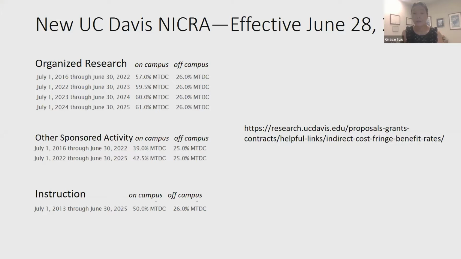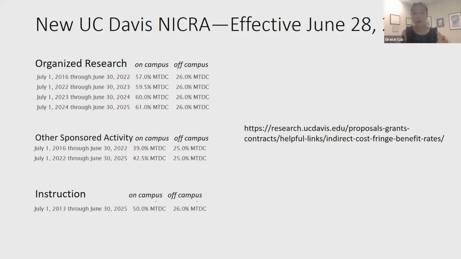For the first year, through June 30th of 2022, we remain at the provisional rates of 57% MTDC for organized research and 39% for other sponsored activities. Instruction stays the same. Then starting from July 1st, 2022, the indirect cost rates start to escalate: 59.5%, then up to 60%, up to 61%. Those are the escalating rates.